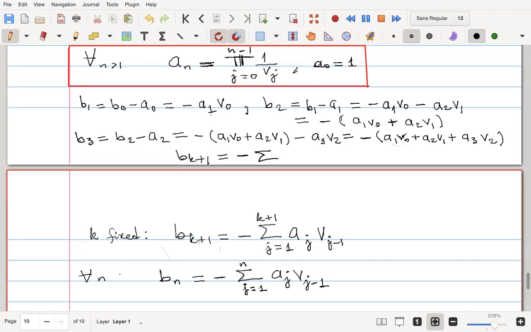This holds for n strictly greater than 1. If I take n equal to 0, we have b_0 equal to 0, which is what we chose to get this. So we have 0 here. Okay, so I think we are done with the question.